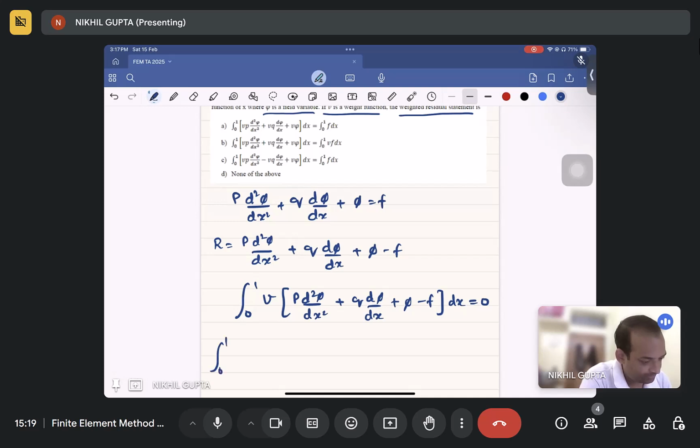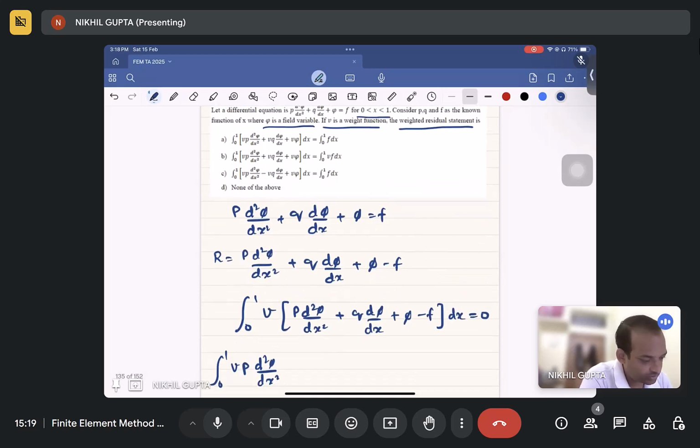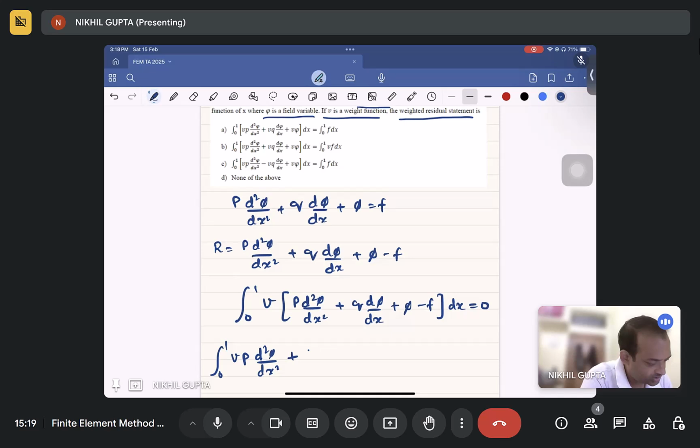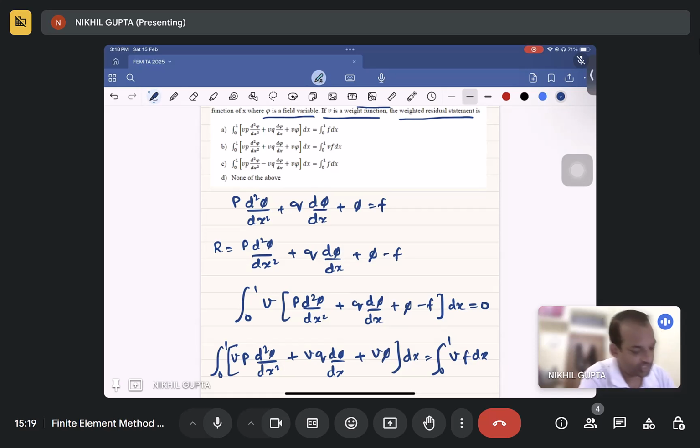So the integral from 0 to 1 of v p d2phi by dx square plus v q dphi by dx plus v phi, whole dx, and also we can write on the RHS the integral from 0 to 1 of v f dx. So which is the correct option? If you find it, the option is B.